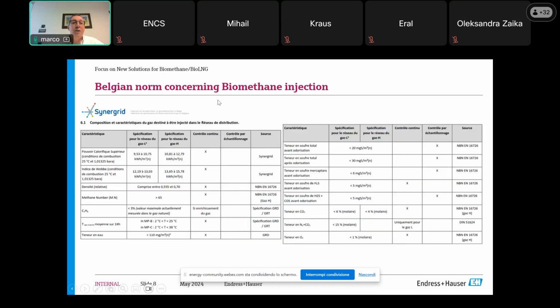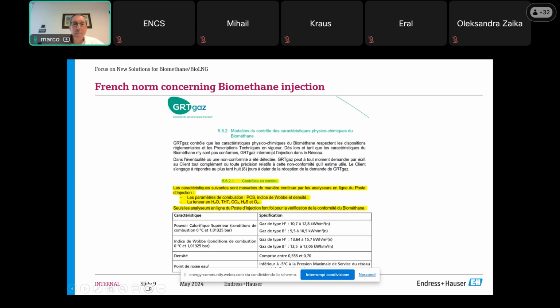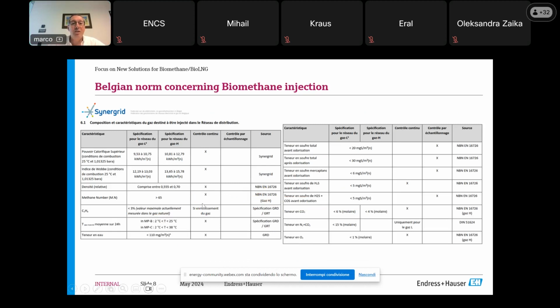More in detail, this is, for instance, the Belgian approach, and you can see that, as I said before, H2S is again less than 5 milligrams, the mercaptans less than 6, the total sulfur less than 20 milligrams, and the water is below 110 milligrams per cubic meter, which corresponds to 100 parts per million.